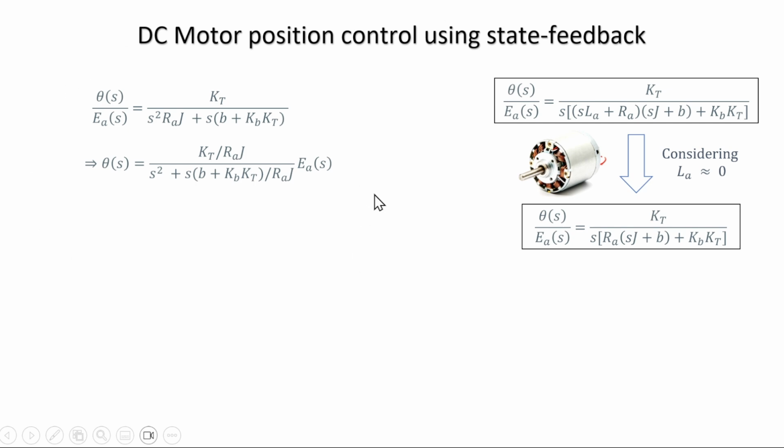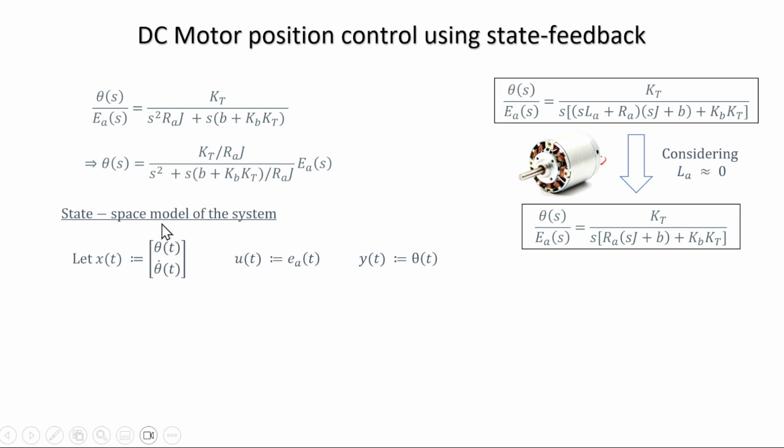And if it is a second order system, then we can write down the state space equation of the system considering the states to be theta t and theta dot, where theta t is the shaft angle and theta dot is the speed of the shaft. Input is armature voltage and output is theta t.